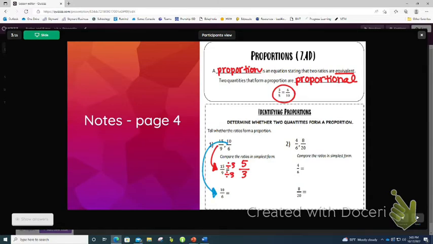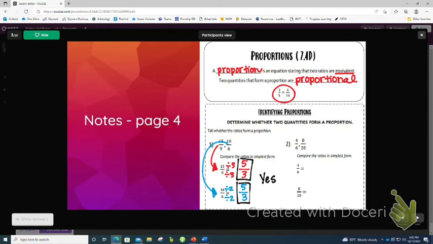We can divide 10 and 6 both by 2. 10 divided by 2 is 5. 6 divided by 2 is 3. So now that we have both simplified fractions, we are going to check if they are equal. Well, 5/3 is equal to 5/3, so yes, that would make a proportion.